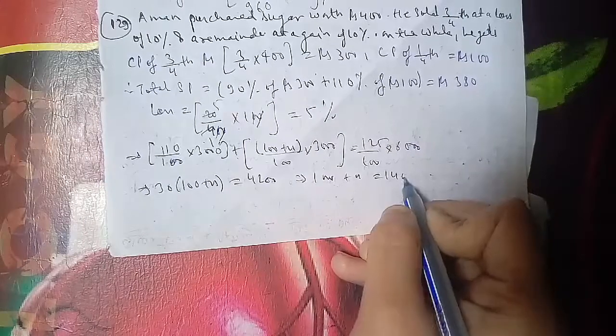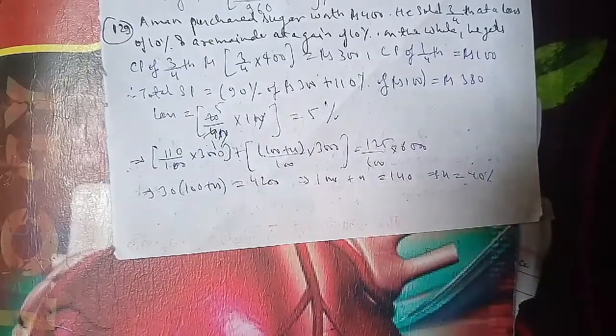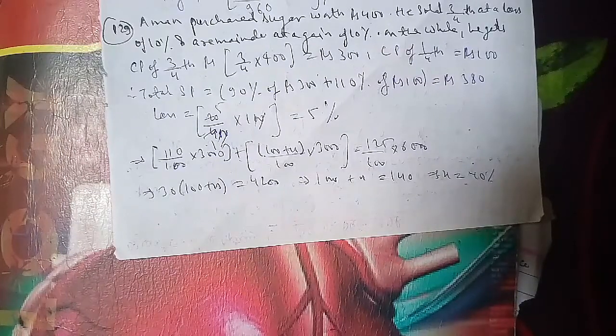Now we go ahead for the next question, which is another important one, the 135th question of the session. A fruit seller has 25 kg of apples.